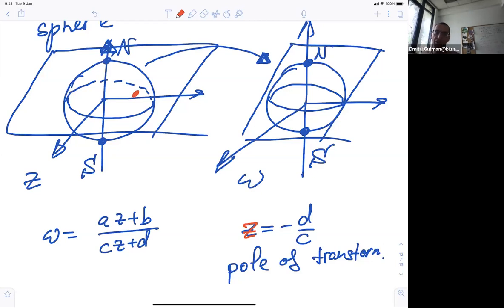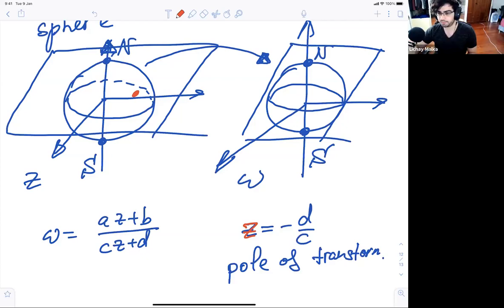Think about a particular example, 1 over z, it might be easier. Think about the case w equal 1 over z, and in this case, this special point is equal to 0. Where would it go? To the North Pole.